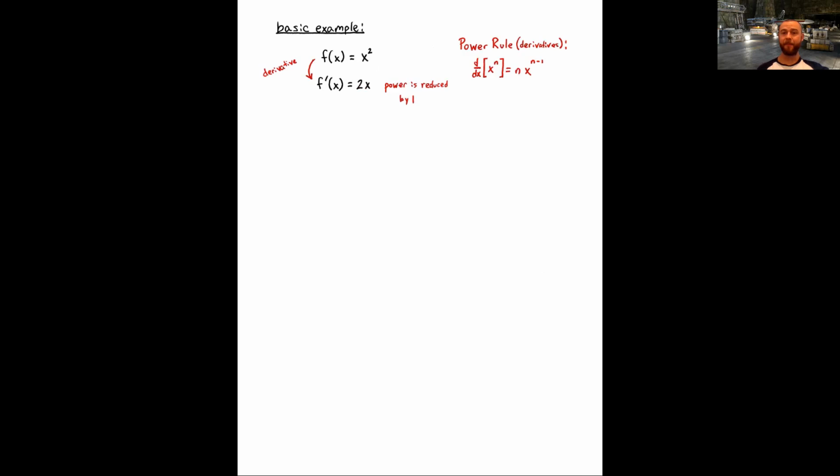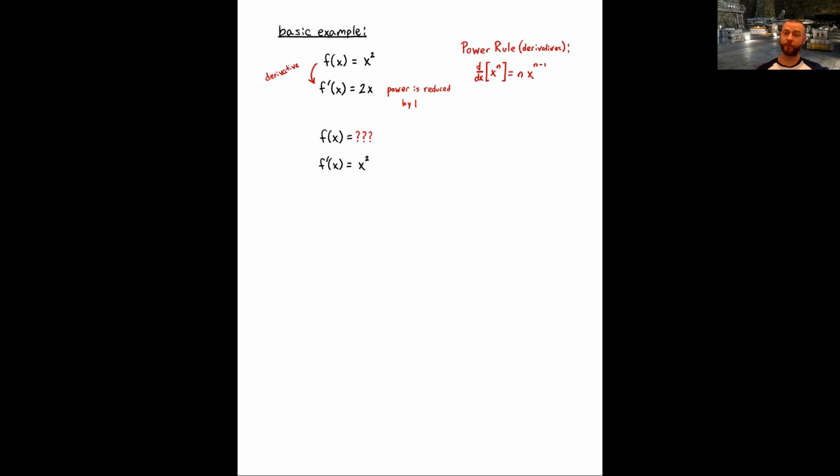We apply the power rule for derivatives, which basically says we bring the exponent 2 down and then subtract 1 from the exponent. Now, we are going to define some rules for antiderivatives. And just think, for a power of x, like x squared here, to find the derivative, we reduce the power by 1.